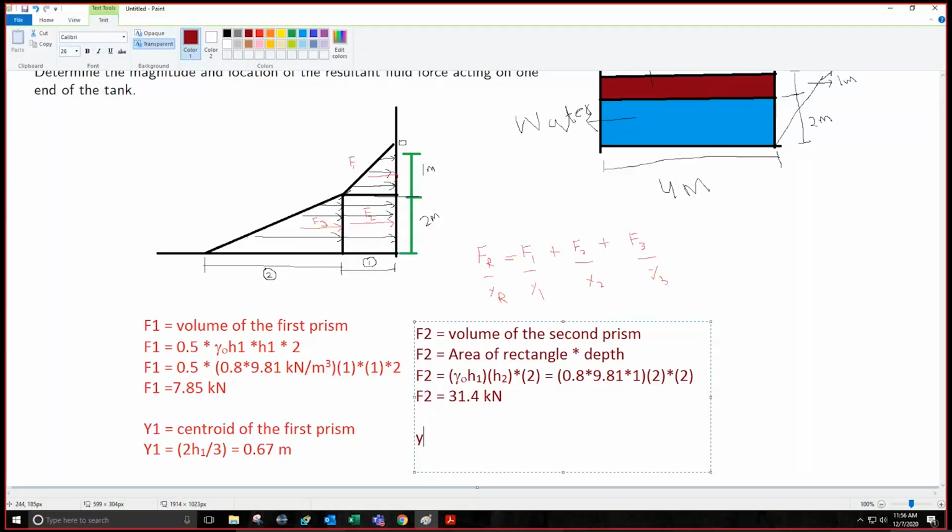the Y2 location is centroid of the second prism. Basically, the second prism is a rectangle, and the centroid would be equal to H2 by 2. ऐसा ही है.